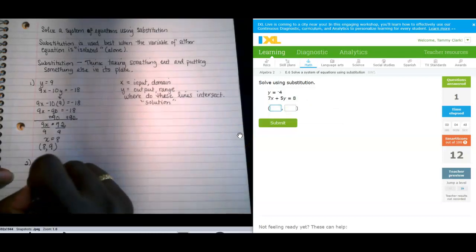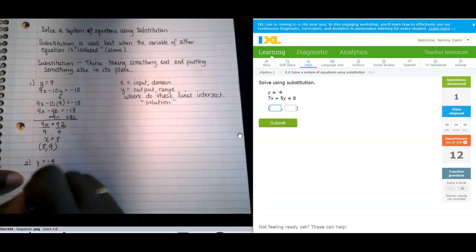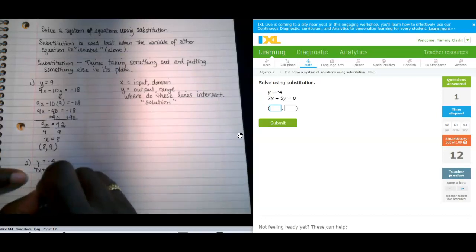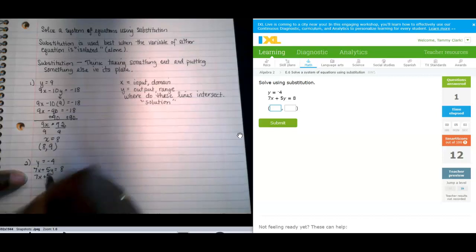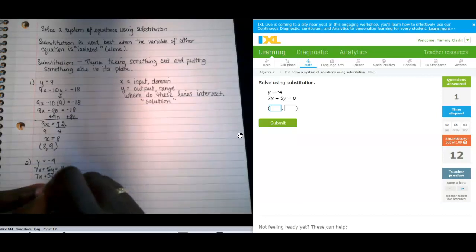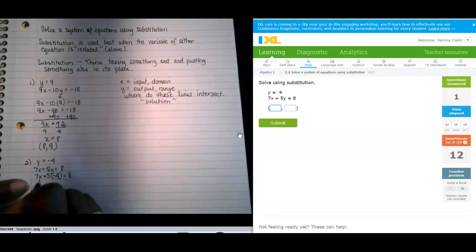So now we have y is equal to negative 4. I'm going to do the same thing. Looking at my second equation, where I see y, I'm going to instead put in negative 4, and I'm going to solve for x.